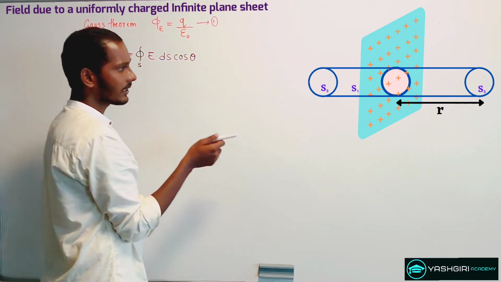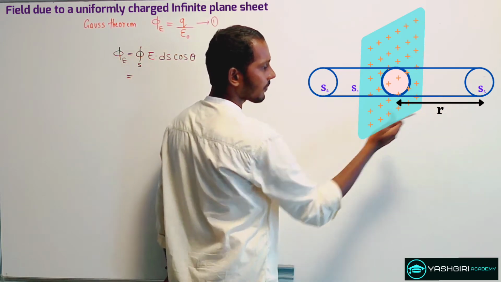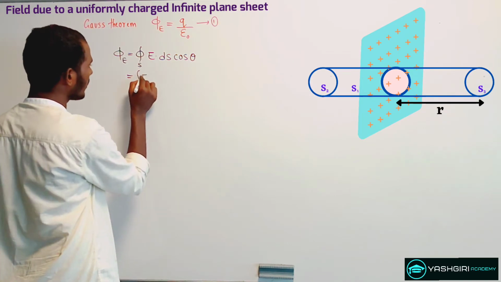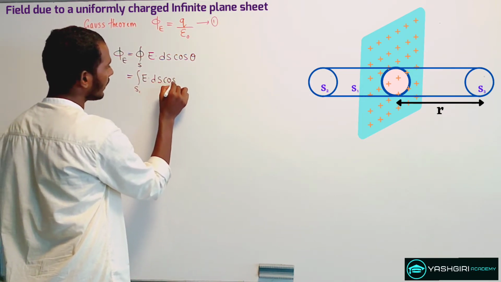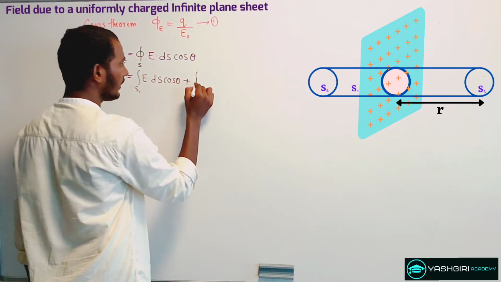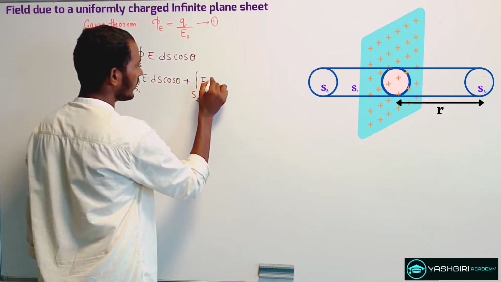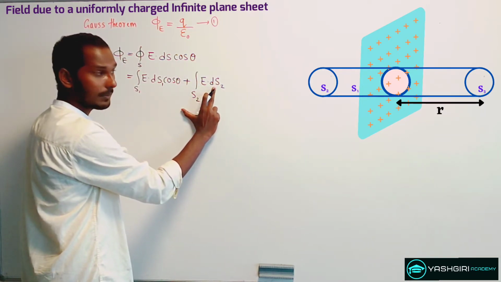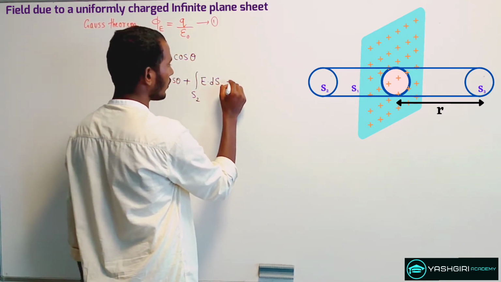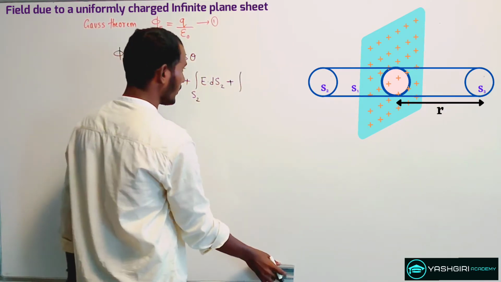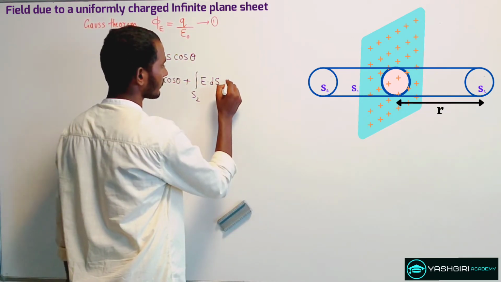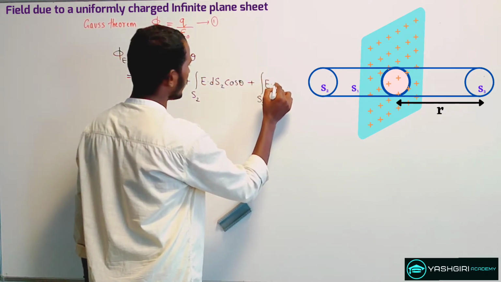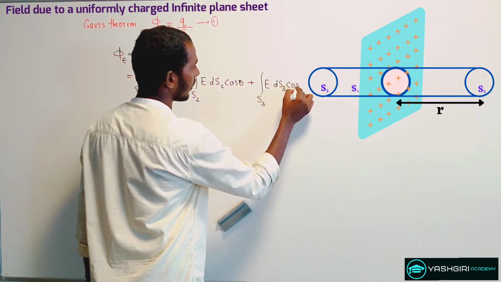Here I see that the cylindrical surface has 3 surfaces. So let me rewrite this same expression as the integral over S1, which is my curved surface, of E ds cos theta, plus the integral over S2 of E ds2 cos theta, where these are my small planar area elements of each of the surfaces, plus the integral over S3 of E dot ds3 cos theta.